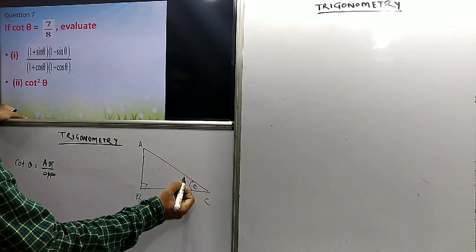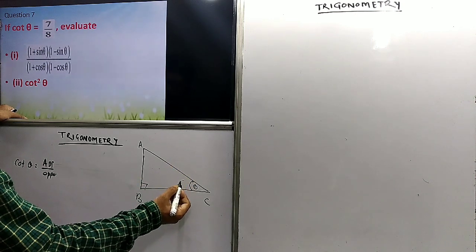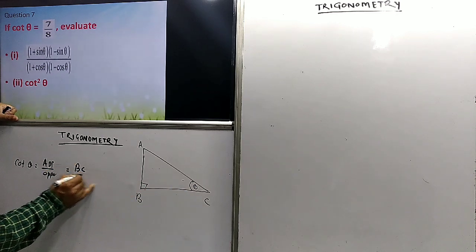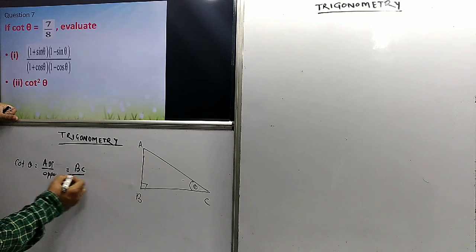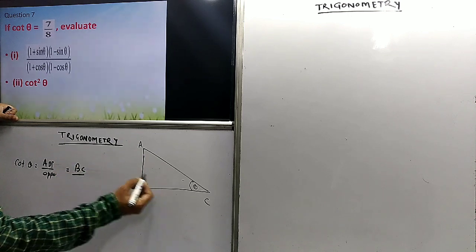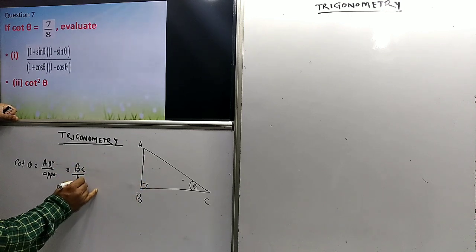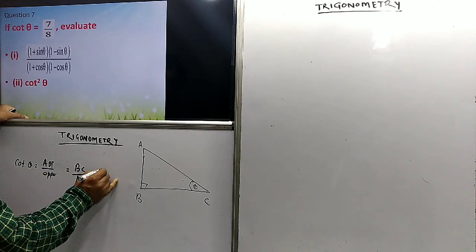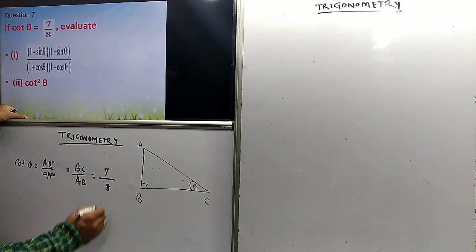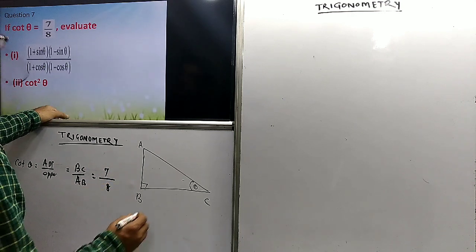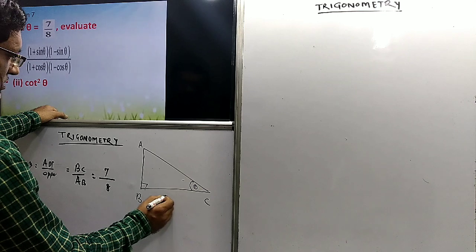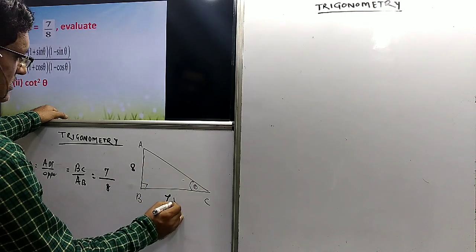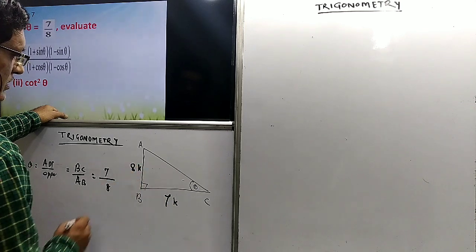So cot of this angle theta, cot theta, is equal to adjacent, that means BC, by opposite side, that is AB. So this BC by AB is equal to the given 7 by 8. It is not centimeters but a ratio: 7 by 8 means this is 7 and this is 8 units, let us say 7K and 8K.